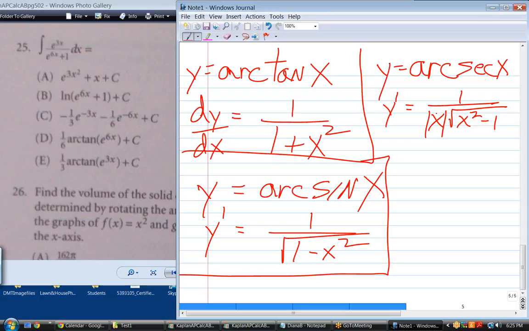But in front of that radical is the absolute value of x. So maybe one way to memorize this is arcsecant has the x's next to one another. Arcsine is the reverse inside the radical. Instead of x squared minus 1, it's 1 minus x squared. And arctan has addition going on in the denominator, and there's no radical sign.